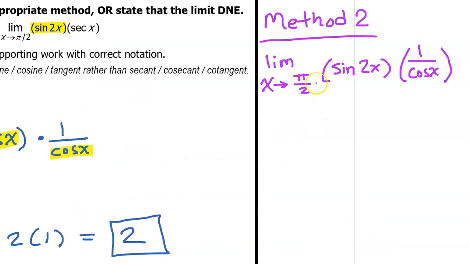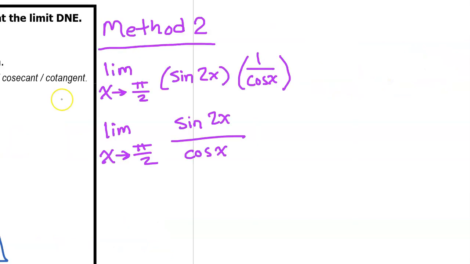Here comes method 2. The limit as x approaches pi over 2 of sine 2x times 1 over cosine x. So far, I just replaced secant with 1 over cosine. I'm going to go ahead and write these two as a single fraction. Let's see what happens if we try to do direct substitution.